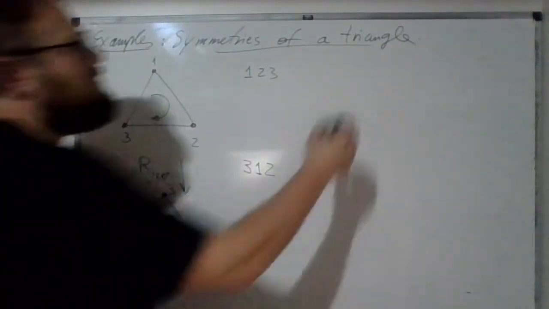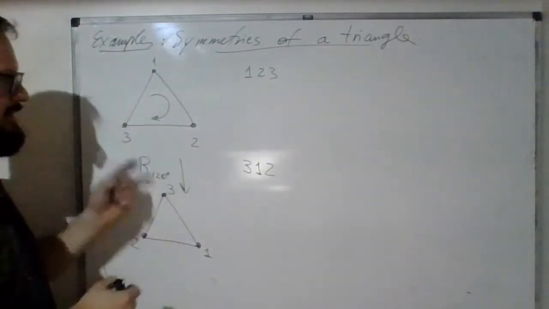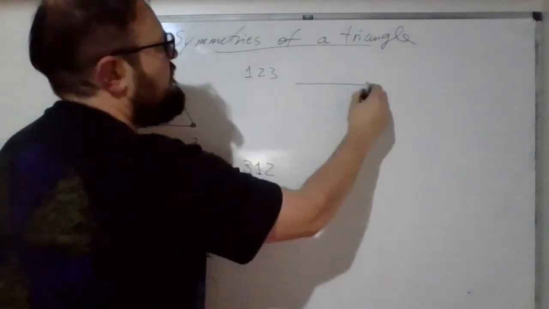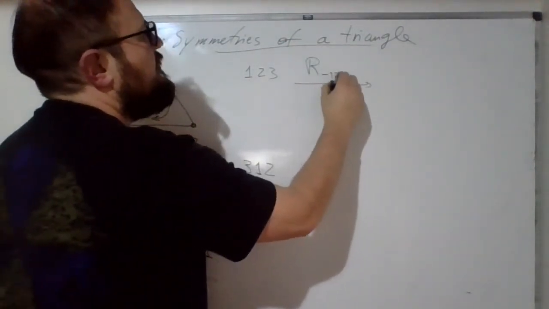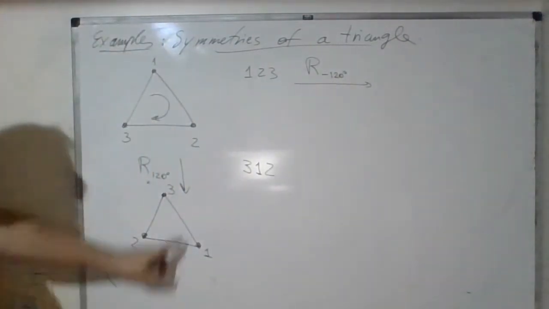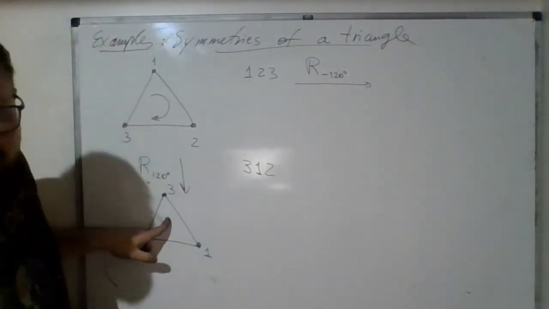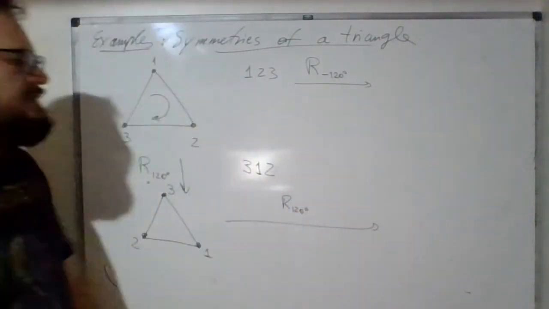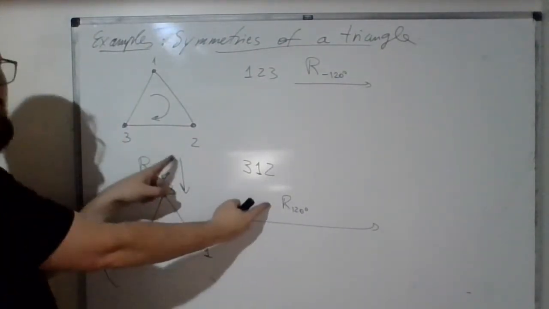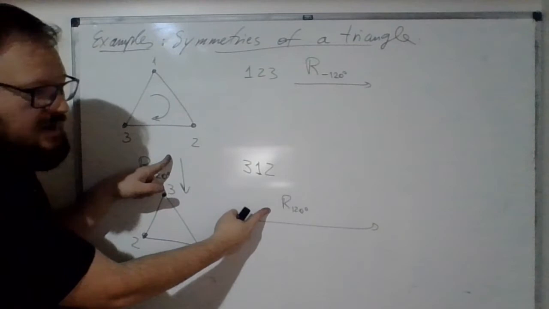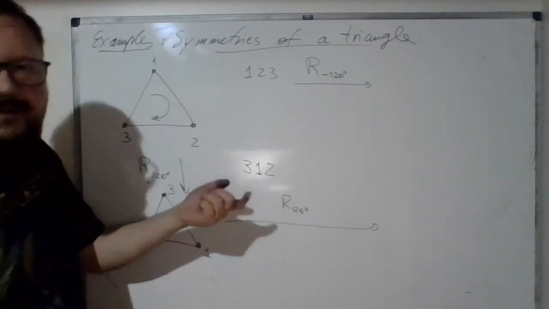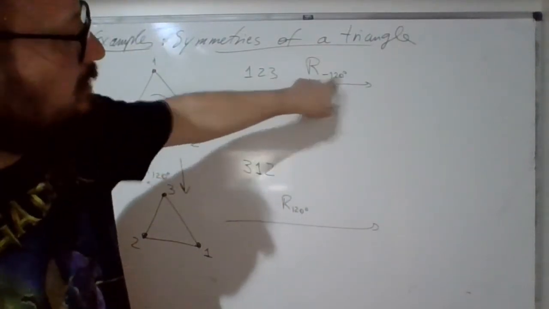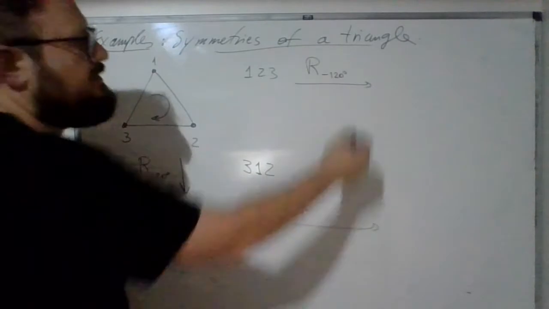Now you can also rotate the triangle in the opposite direction. If you rotate by minus 120, which is the same as picking up this rotated triangle and producing another rotation of 120, because the product of these two rotations is equal to a rotation by 240 degrees, which is the same as minus 120. The result is the same.